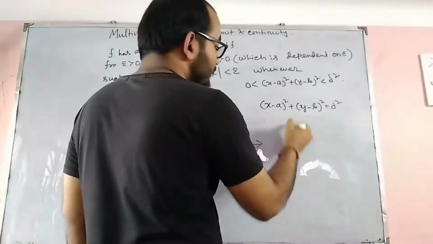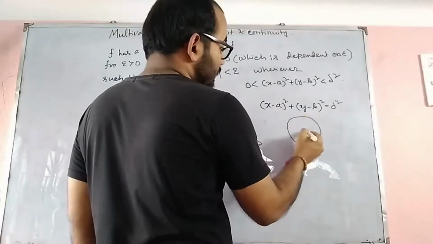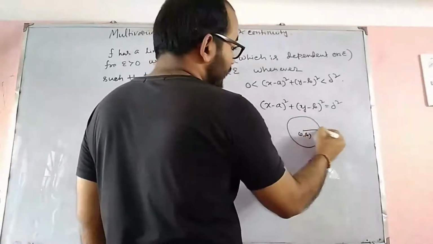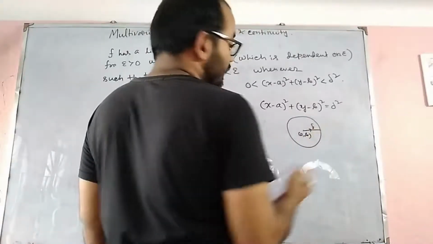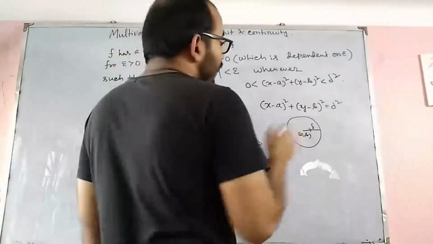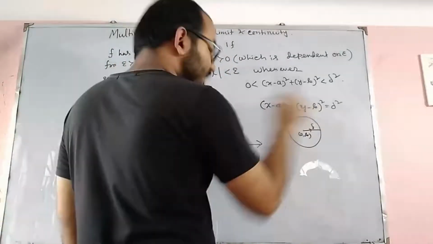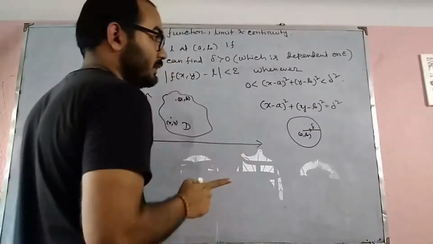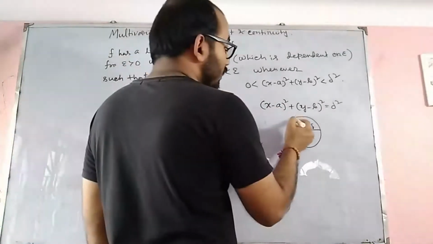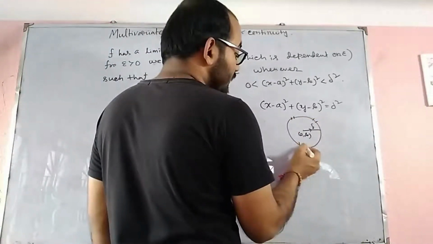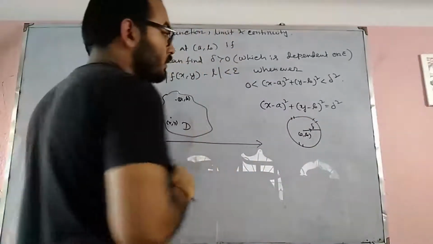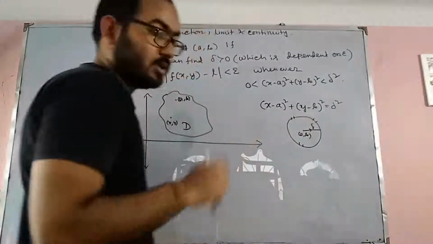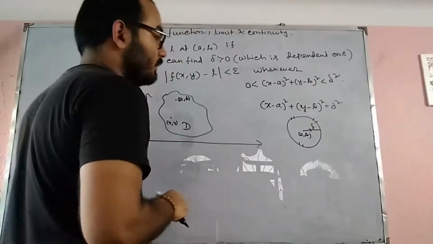And the picture of this circle is this. Here is the center and here is the radius delta. This equation is satisfied by those points which are lying on this curved line. This is our circle, not this portion in this picture.